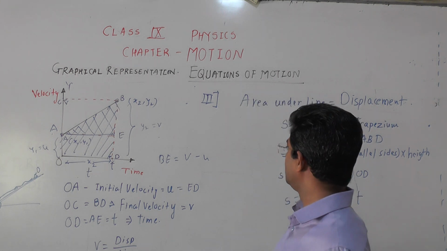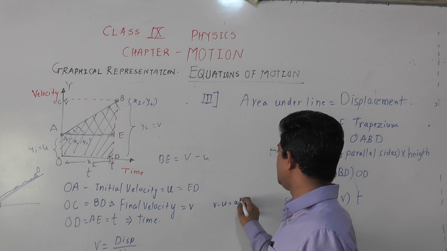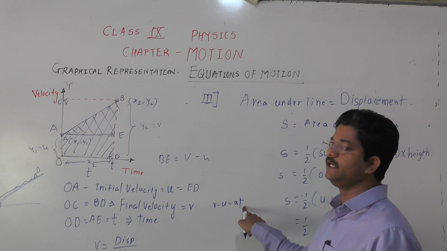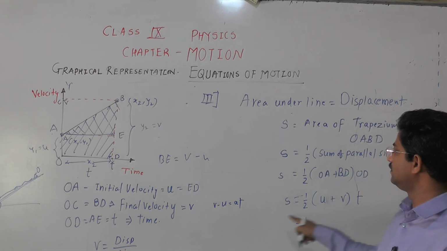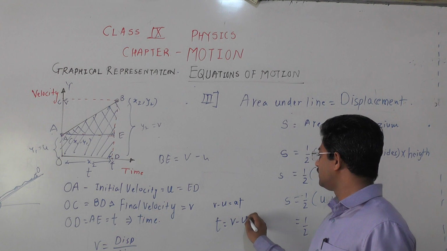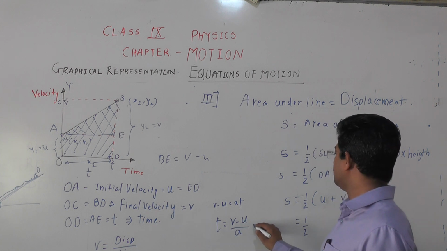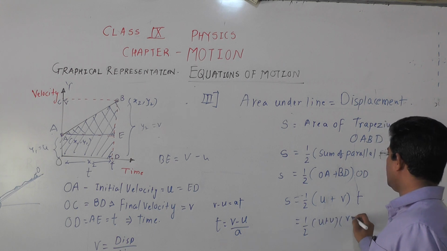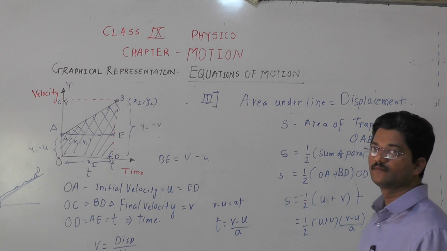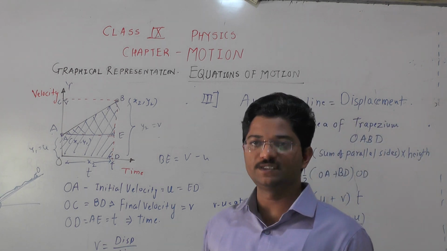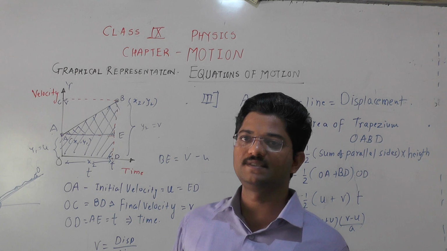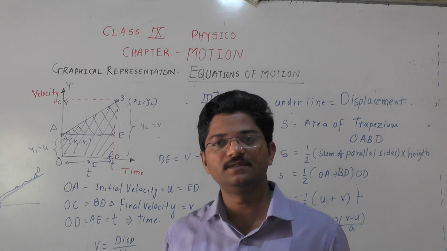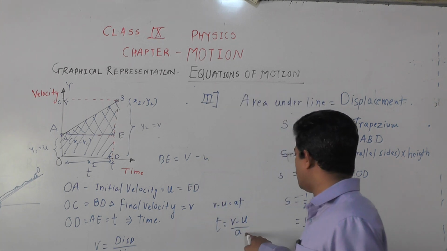In the second equation of motion, we replaced V minus U as AT. Now we replace T from the first equation, T is equal to V minus U upon A. Substituting this value, V plus U into V minus U upon A. You got it? Previously we replaced the value V minus U, now we are replacing the value of T as V minus U upon A.